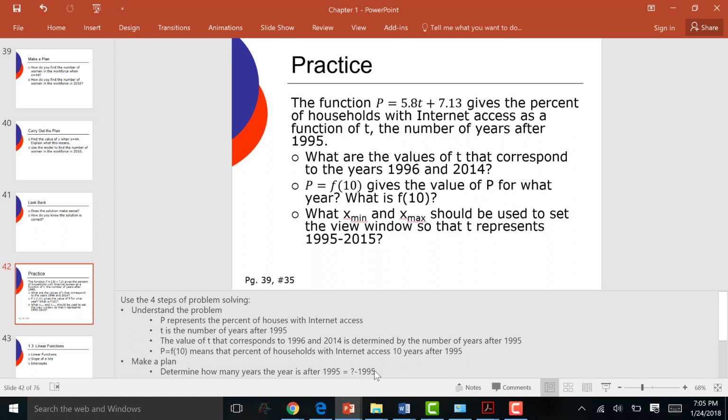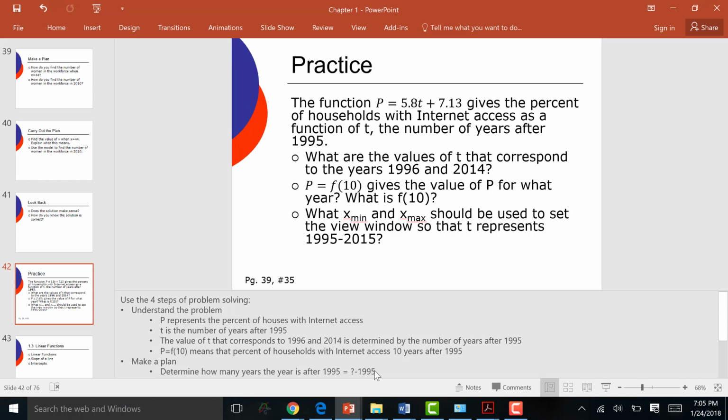What are the values of T that correspond to the years 1996? You need the input values because it asks you for T. T is years. Is the output value going to be years? No, the output value is the percentage of households with internet access. That's our output. So we're going to do years as our input value.